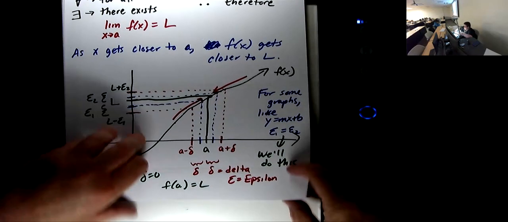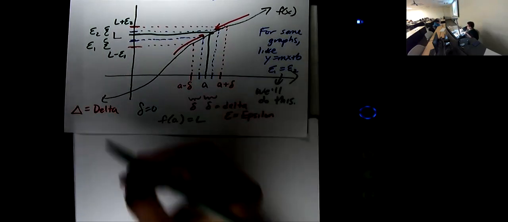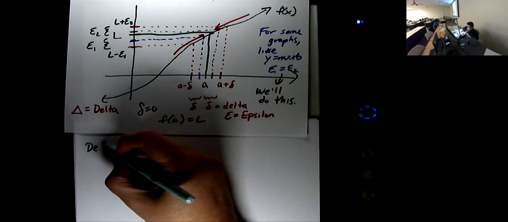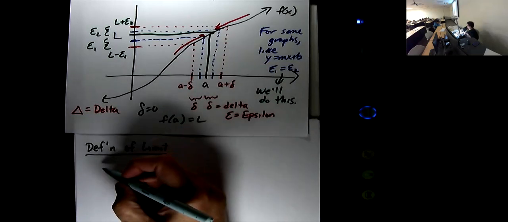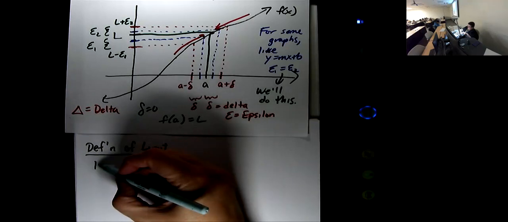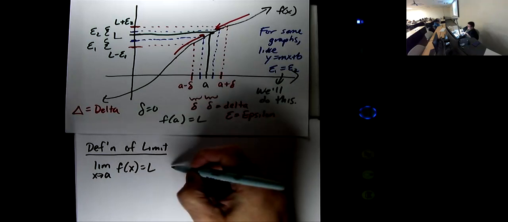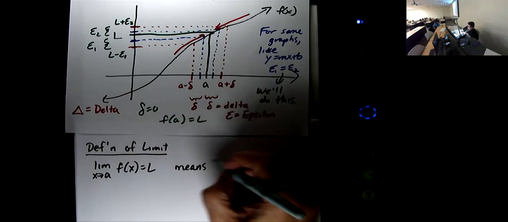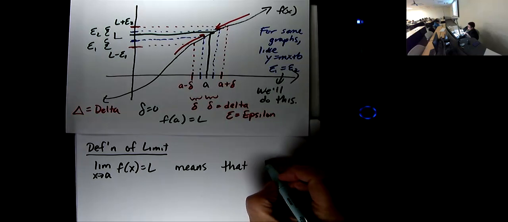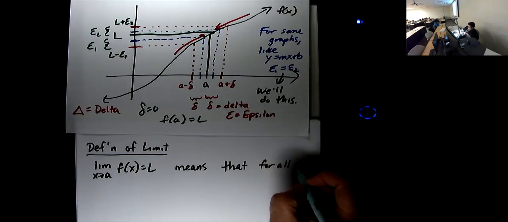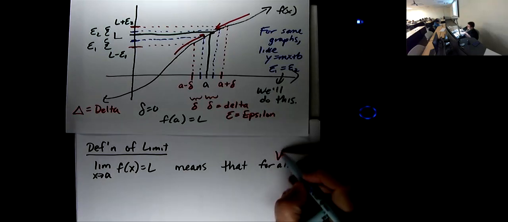All right. So the official definition of a limit. The limit as x approaches a of f of x equals L means that for all epsilon greater than 0, and sometimes you'll see the upside down A here.